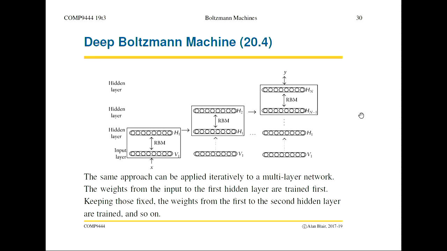The thing on the left is the restricted Boltzmann machine where you have the visible and the hidden units. Then you can add another hidden layer, and you can repeat the process here and try to reproduce the distribution of these hidden units with another hidden layer and another hidden layer.